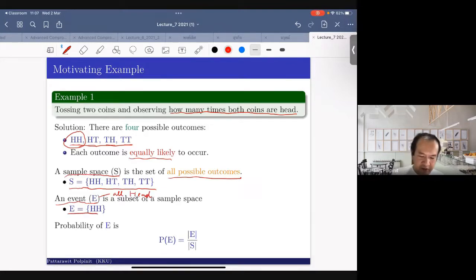The probability of the event E is equal to the cardinality of set E, or the size of set E, divided by the size of set S. In this case, the size of set E is 1 and the size of set S is 4. So the probability is 0.25, or we can say there is a 25% chance of getting both coins as head.